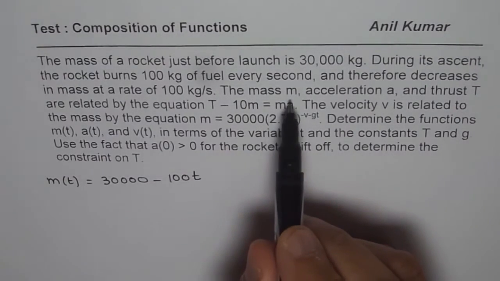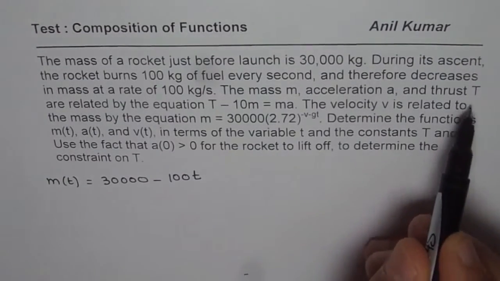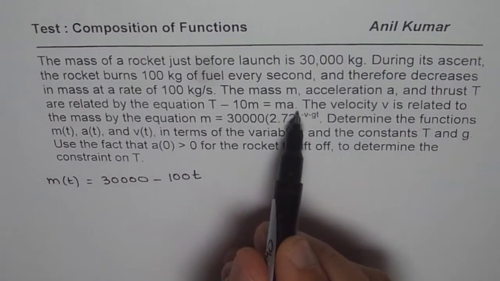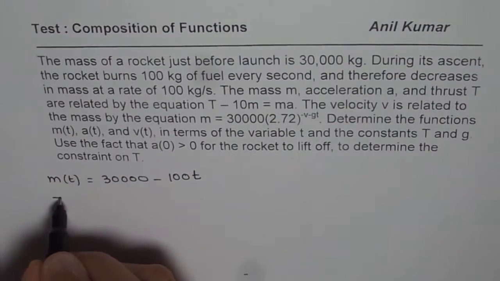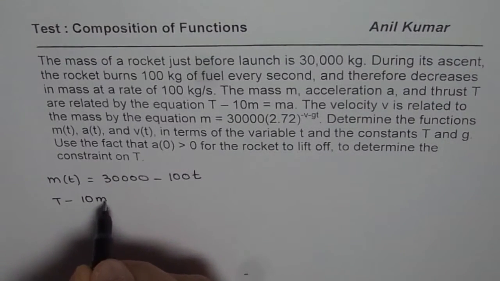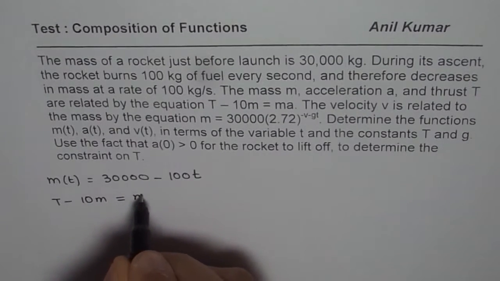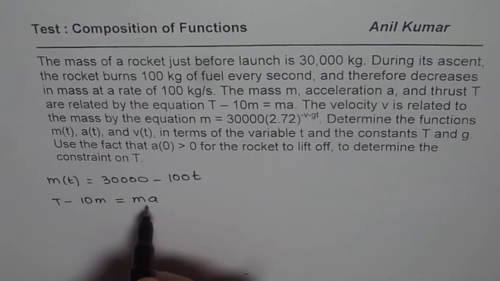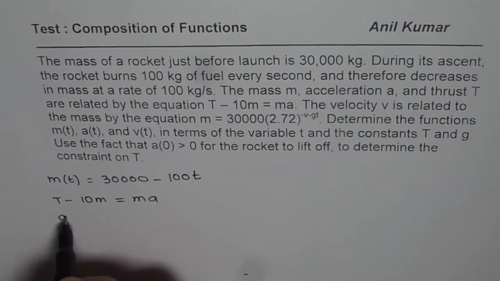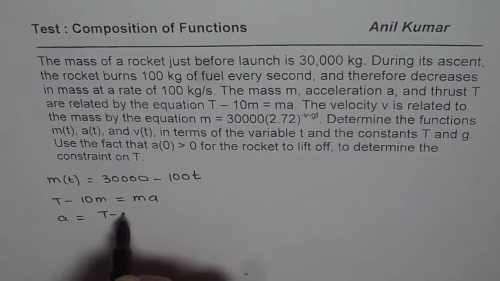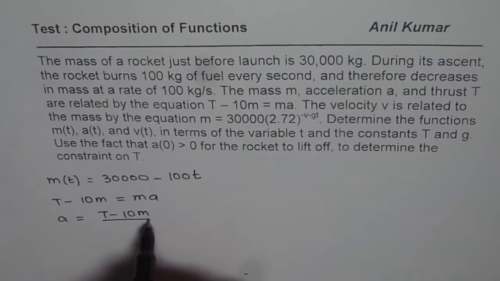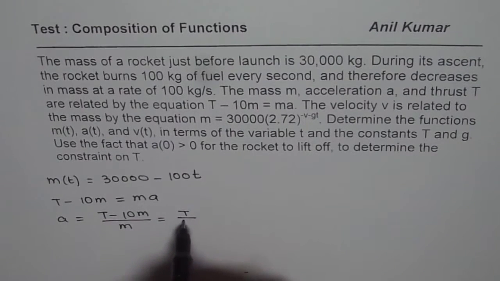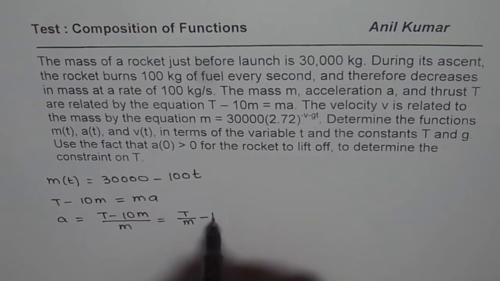The mass m, acceleration a, and the thrust T are related with this equation. Let me write down this equation now, which is T minus 10m equals ma. Now from this equation we can isolate a. So we get a equals T minus 10m divided by m, or we could write this as T over m minus 10.